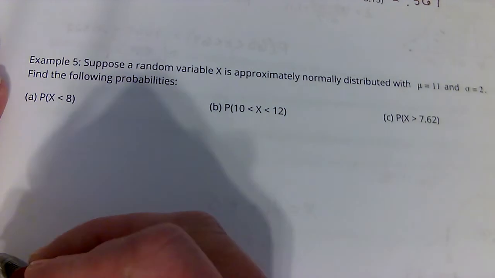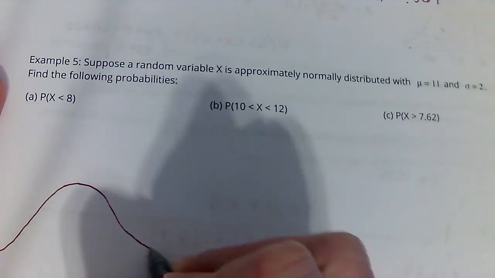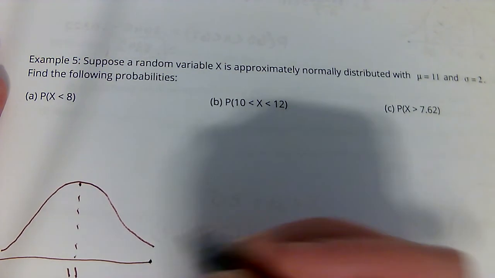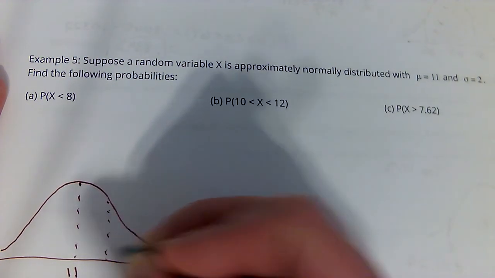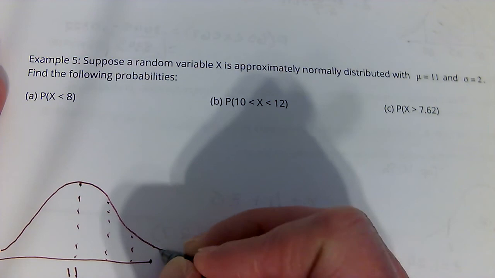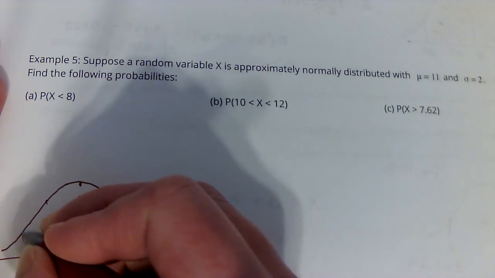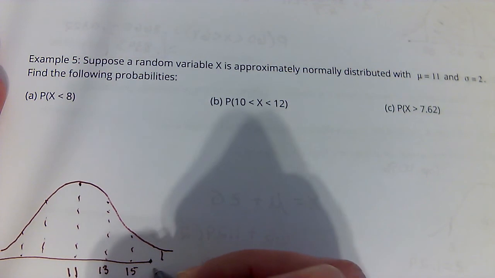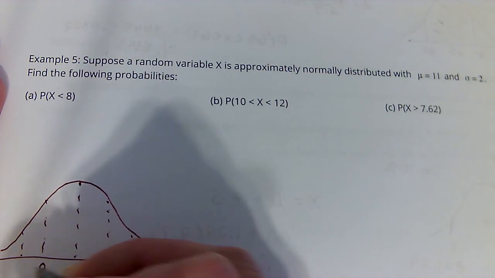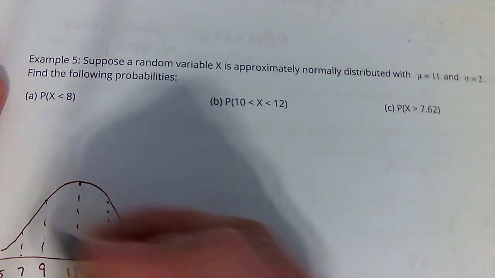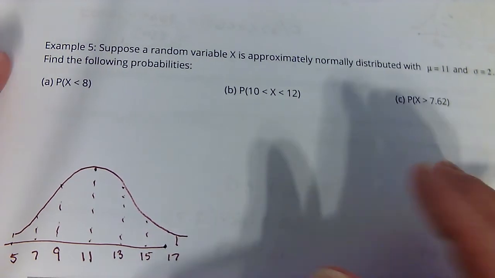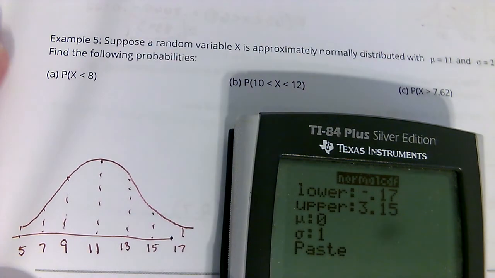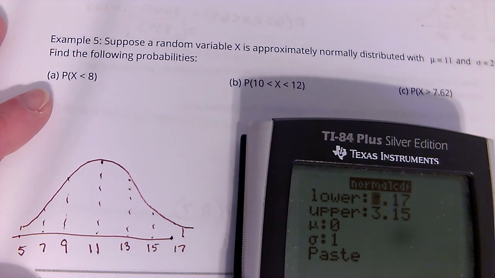First off, I want to draw a picture of this because I want us to get used to what these pictures look like. So the middle would be 11, and we're going to go out 3. 1, 2, 3. So this would be 13, 15, 17, 9, 7, 5, because the empirical rule does still hold. So you go out 3 standard deviations in each direction.